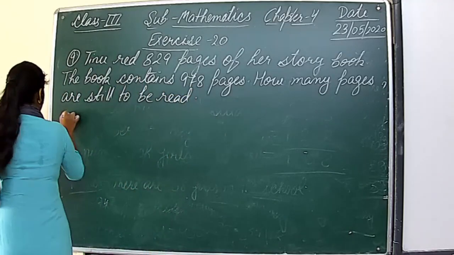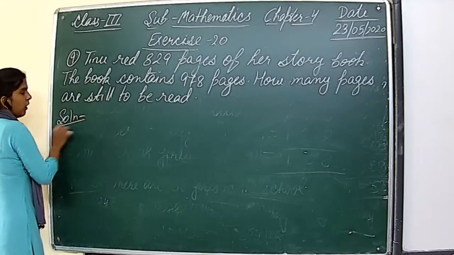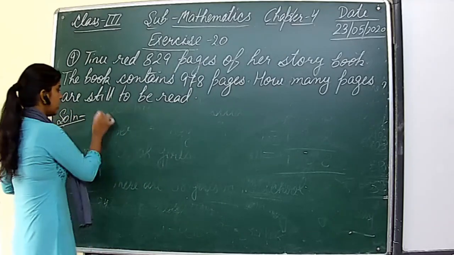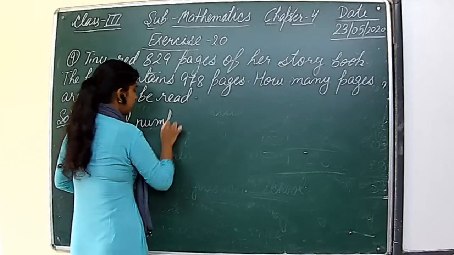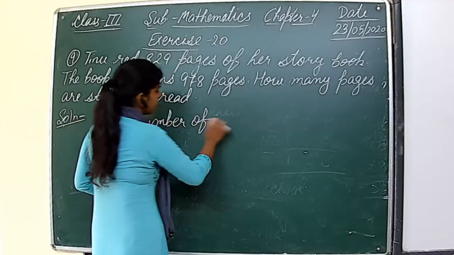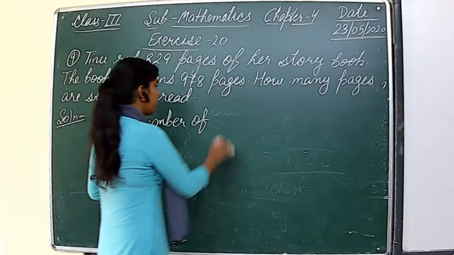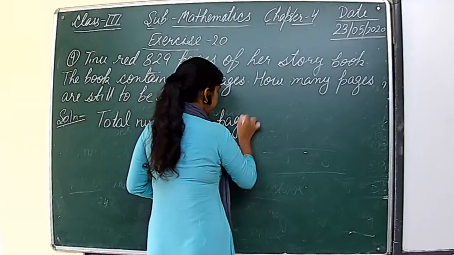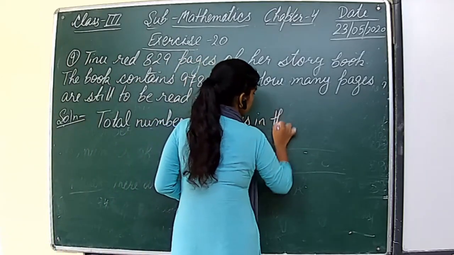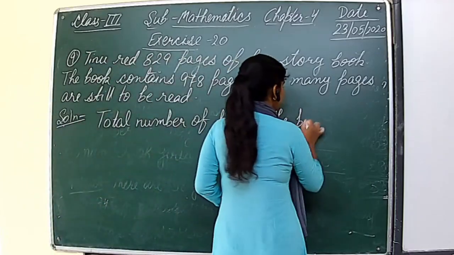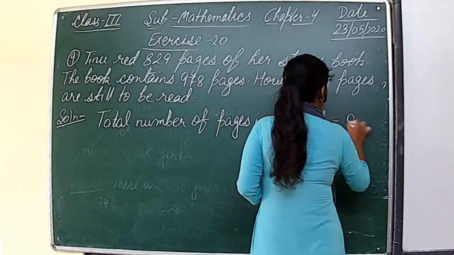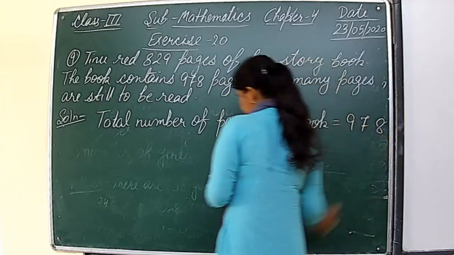Okay, so let us write the solution. Let us solve this question. Total number of pages in the book is 978.